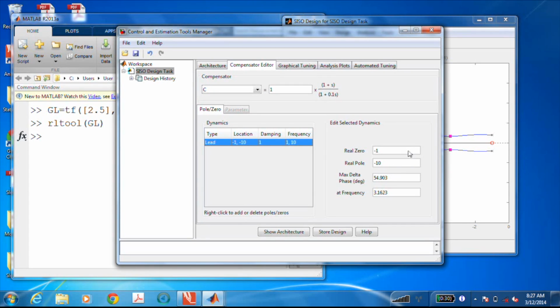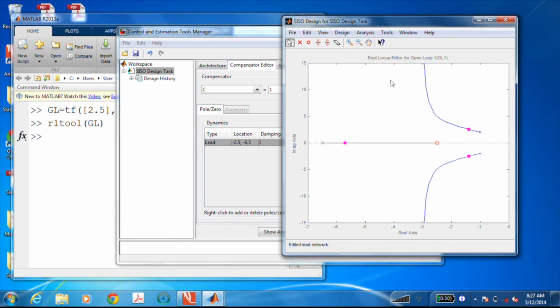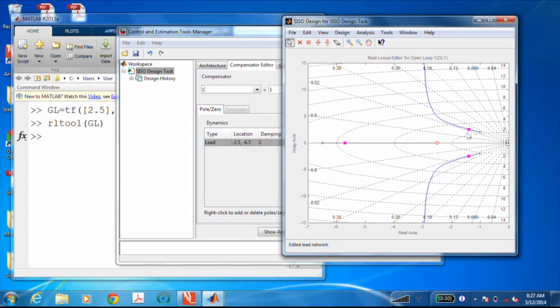It gives some nominal values for the real zero and real pole, but we'll change those to our values, 2.5 and 6.5, and look at the wonderful things it does to the root locus plot. We'll throw a grid on it, and let's just go ahead and grab this point and drag it over until we get the closed loop poles that we were trying to get. Just basically -2.5 and 5. There we go.